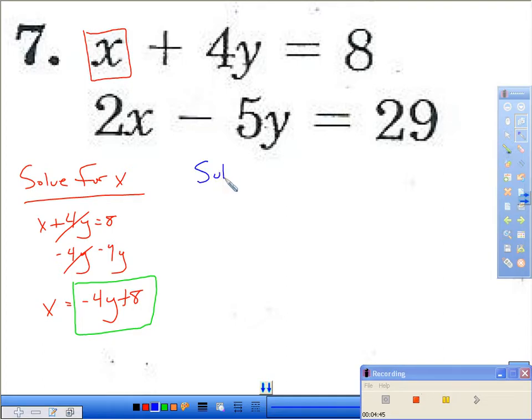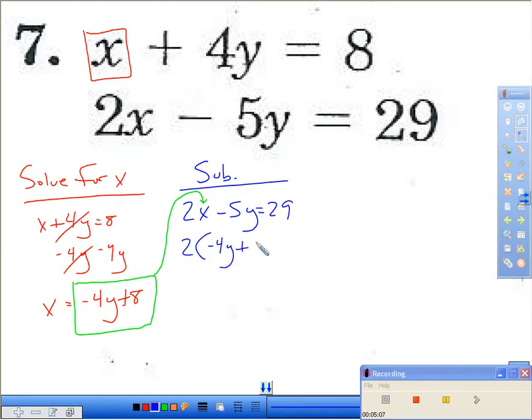So our next step is to substitute that expression in for x in the other equation, the one that we didn't solve for x on. So since I see 2 times x, I'm going to take the x out and substitute in what x is equal to. So that's going to be 2 times negative 4y plus 8 minus 5y equals 29.